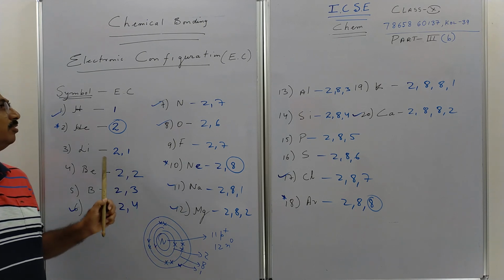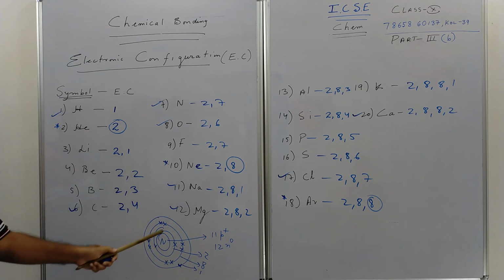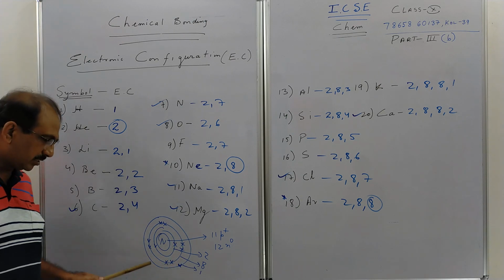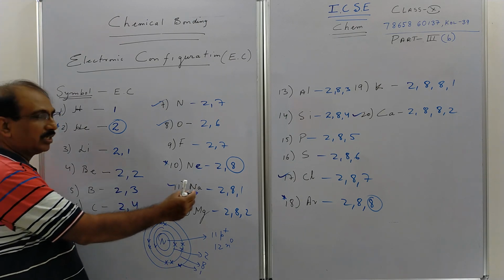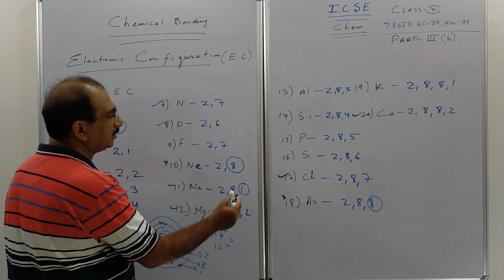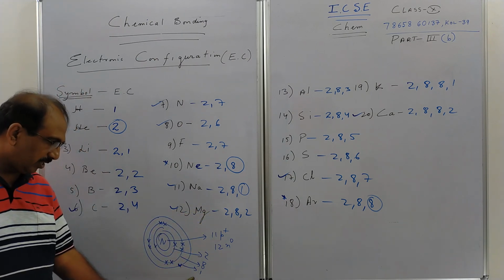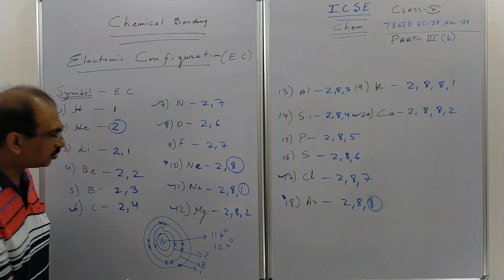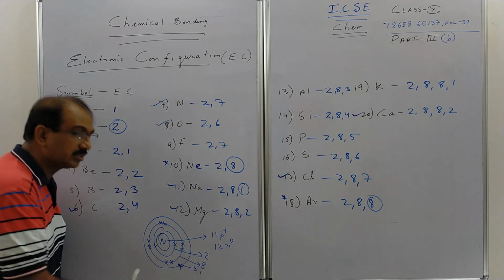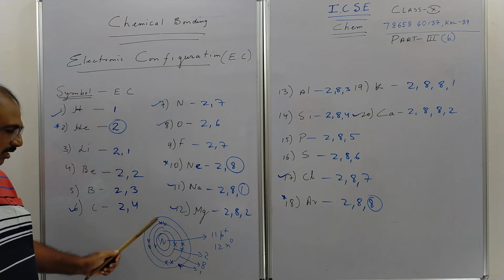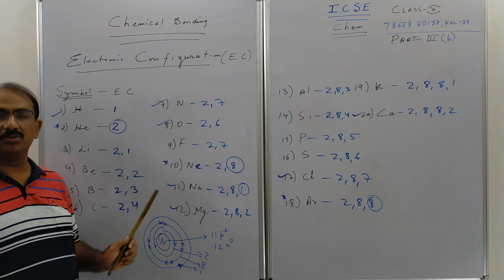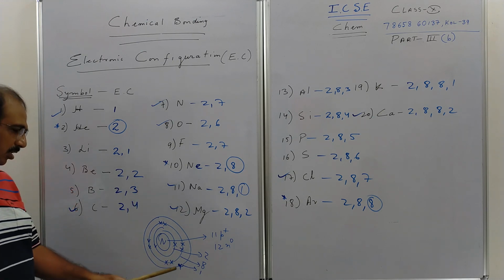But when we do the electron dot diagram, we are just interested in the valence shell, the outermost shell. We are not interested in 2,8, we are interested in this one electron in the last orbit, 2,8,1. The last one is 1. So in the atomic structure diagram we take the full atom, but in the electron dot diagram we draw the last orbit.